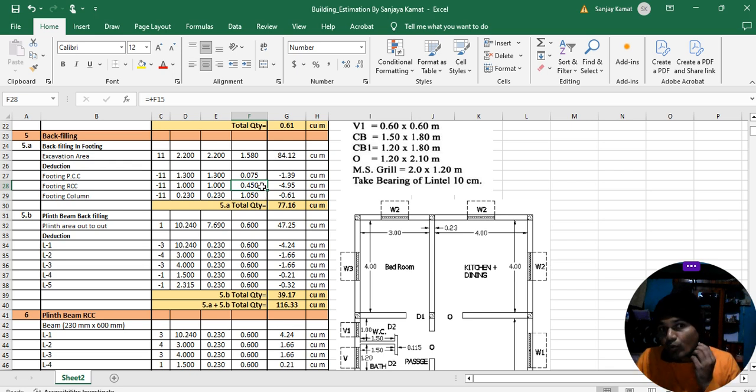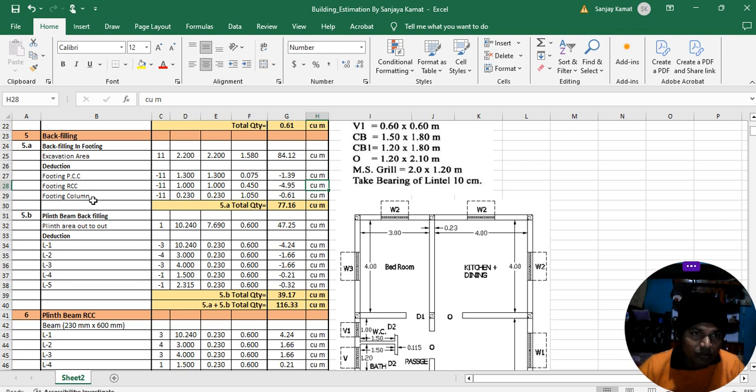Now that we know the length, breadth, depth and number of the footing RCC, we can multiply -11 into 1 meter into 1 meter into 0.450. After multiplying all these terms, the value is minus 4.95 cubic meter.